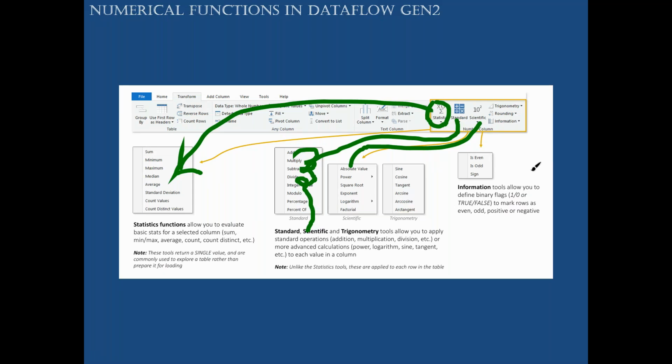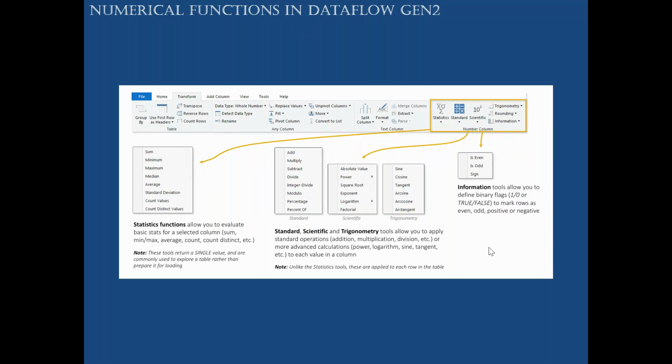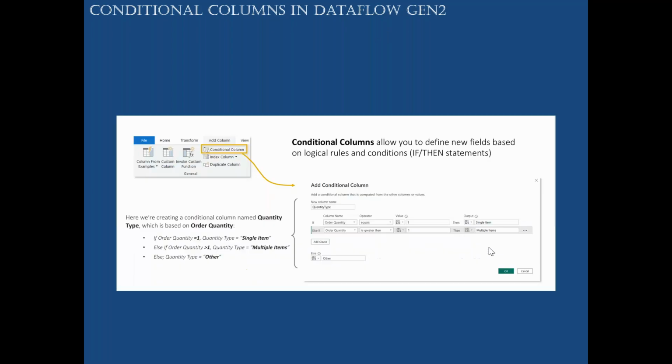Then you have trigonometry: sine, cosine and tangent. You can round off to decimals of 2 or decimals of 3. You can take the information, only the even and odd numbers also. So these are some of the numerical tools that we will discuss today.